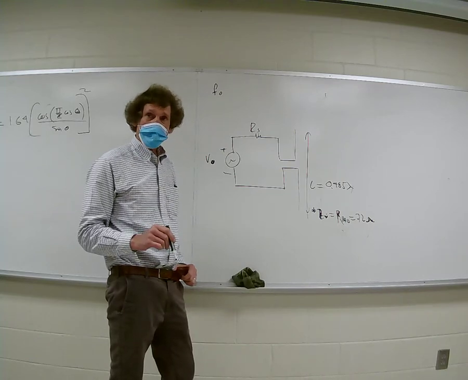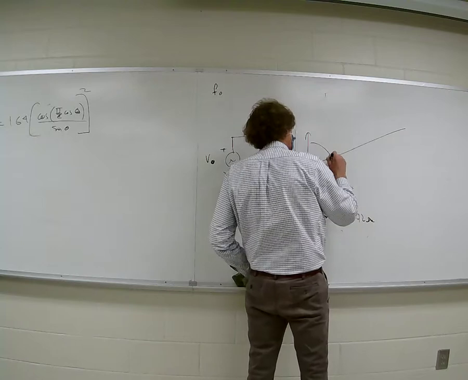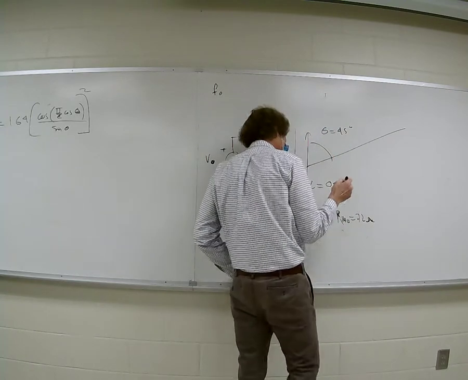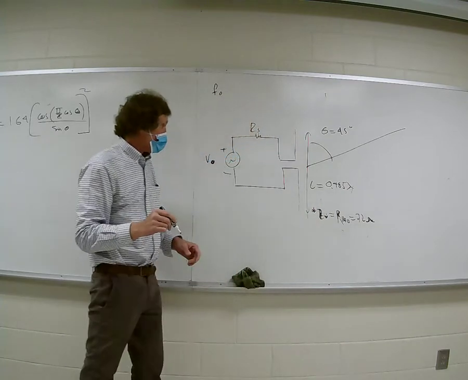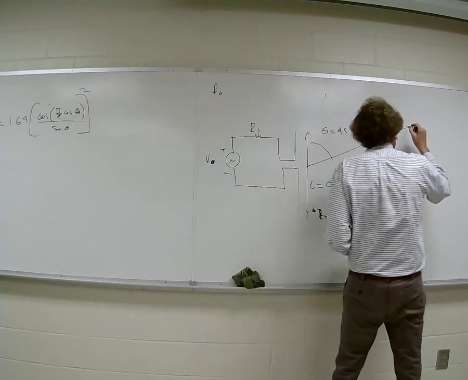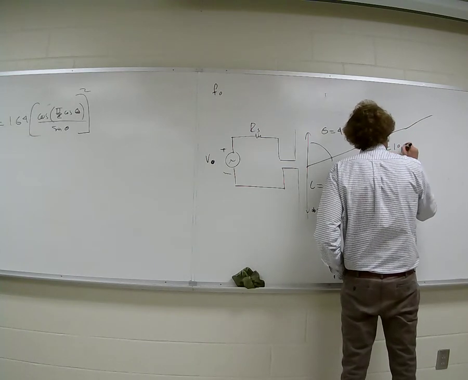Got that? Now I come out here, and I'm going to say I'm at an angle theta equals 45 degrees. And now I'm going to be out at a distance, this should look remotely familiar, R equals 10,000 meters.